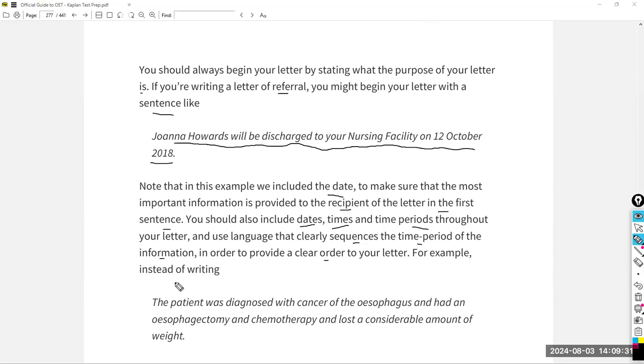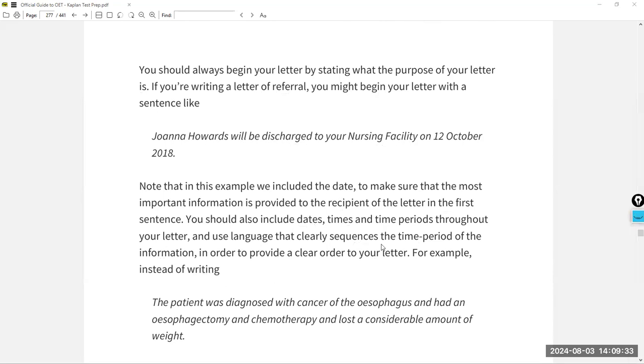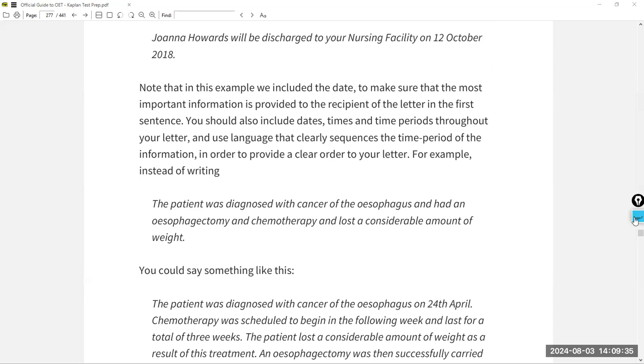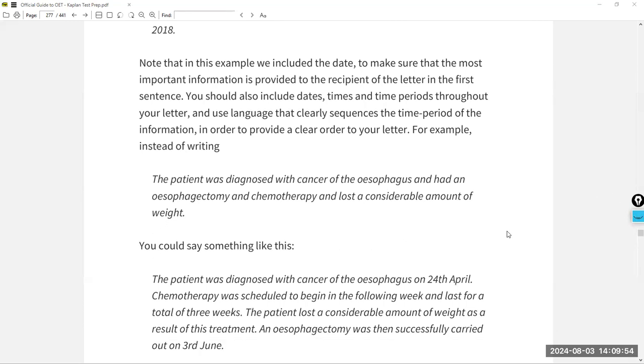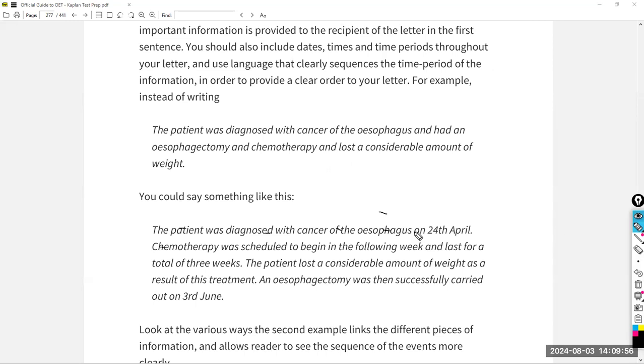For example, instead of writing, the patient was diagnosed with cancer of the esophagus and lost a considerable amount of weight, you can try to say such a sentence, which is this.